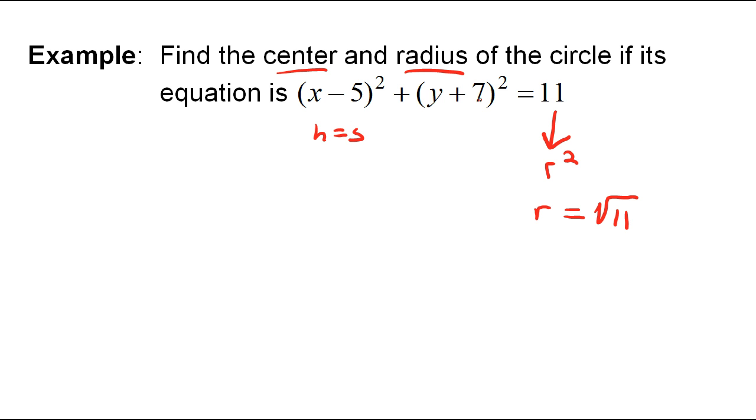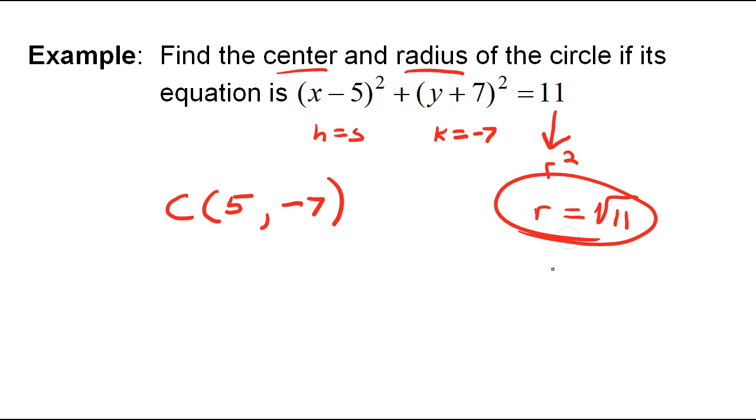This is y minus k. That means k must be negative 7 in order for me to take y minus a negative 7 and get y plus 7. So the center of this is going to be 5 comma negative 7, and then the radius will be radical 11.